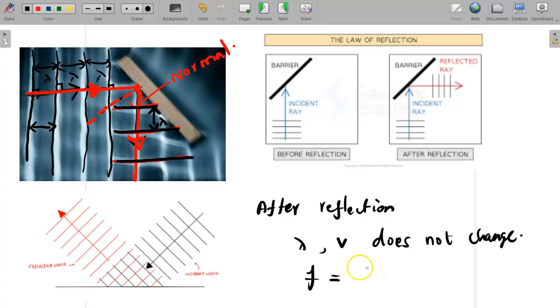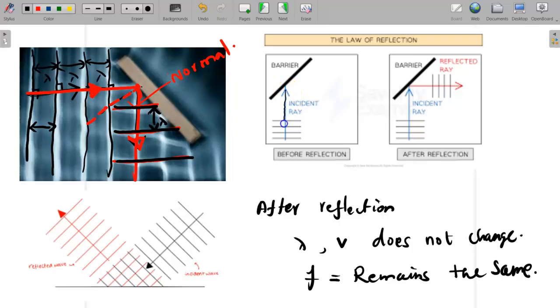Frequency remains the same. Frequency in the ripple tank is constant. It will not change because we are using a vibrator, and we fix the frequency for the vibrator. It does not change. Now you can see here some incident ray.